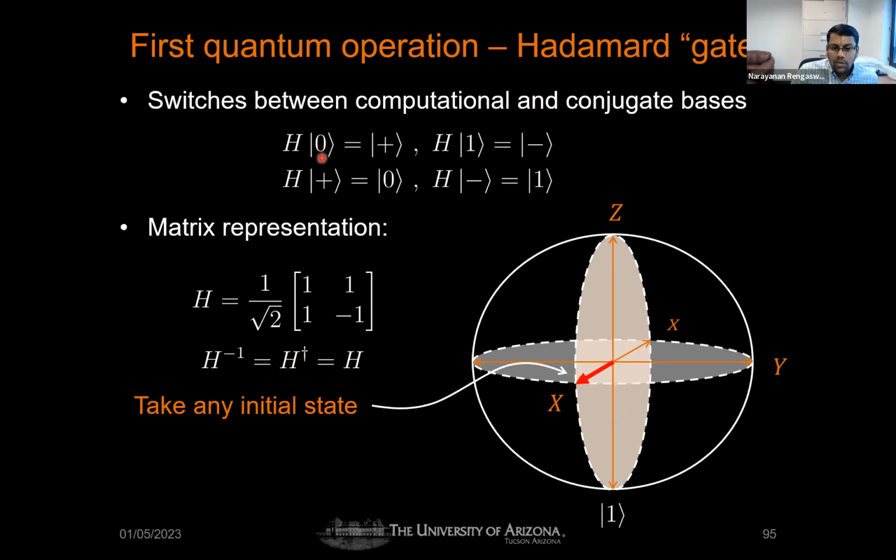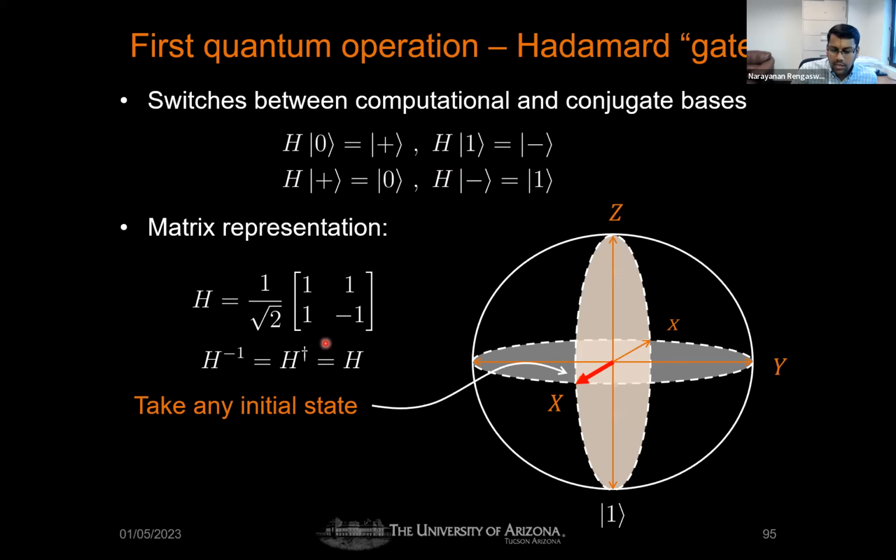So if you start with the 0 state and apply Hadamard, it rotates the 0 and gives you a plus state. Similarly, if you start with 1, it rotates to give you the minus state. If you start with plus, then if you do Hadamard, it rotates it back to 0. And similarly, the minus rotates back to 1. So you can see that if you apply Hadamard twice, you get back to the same state.